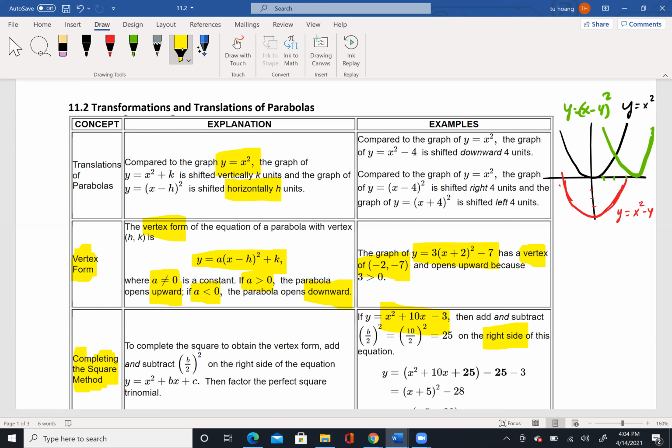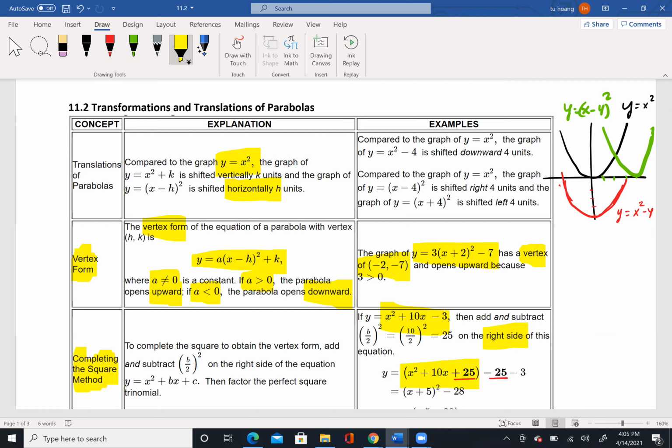Okay, so you can see over here, what I do is I add 25 and then I subtract 25. See that? So when I add 25, I can make x squared plus 10x plus 25 over here.